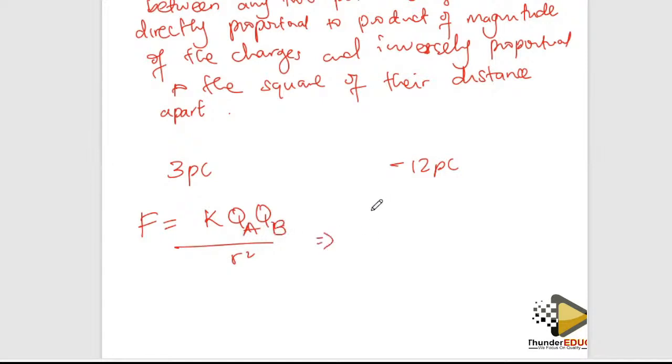Now substitute that. 9 times 10 to the 9, times 3 times 10 to the negative 12, multiplying by 12 times 10 to the negative 12.